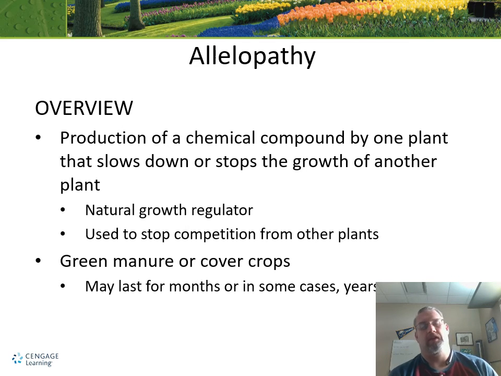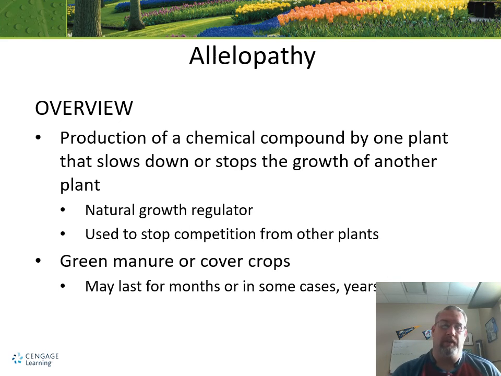Allelopathy, this is something that is utilized by certain plants to discourage growth around the base of it. So something very common that happens is if you were to look at a eucalyptus tree, most eucalyptus trees excrete allelopathic chemicals around the base of the tree where the tree and the dirt surface meet.